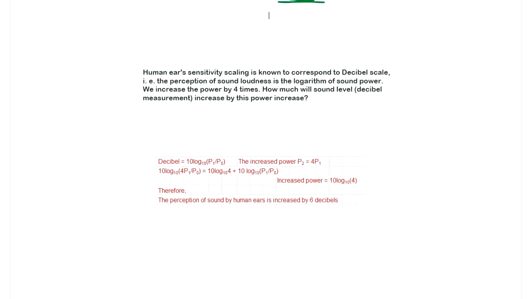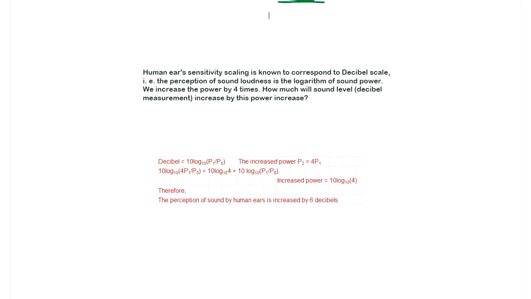Human ear sensitivity scaling is known to correspond to the decibel scale. The perception of sound loudness is the logarithm of the sound's power. We increase the power by 4 times. How much will the sound's level increase by this power increase? Okay, so when you increase the power 4 times, how much do you feel it's increased with the human ear?